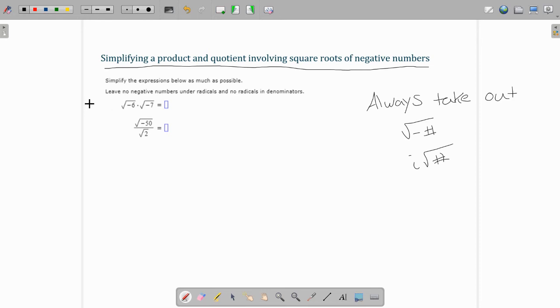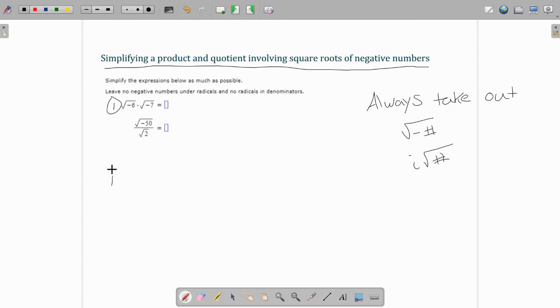Okay, number 1. If you do this one wrong, this one will never work. If you say -6 times -7 is positive 42, and you break that down, that will be wrong. You have to take out the negative first. So let's get rid of that wrong answer and do it.